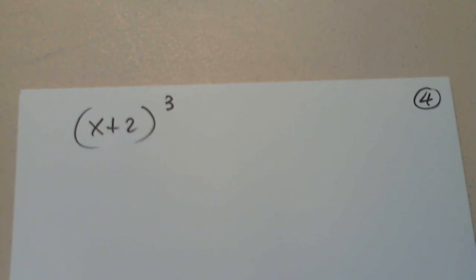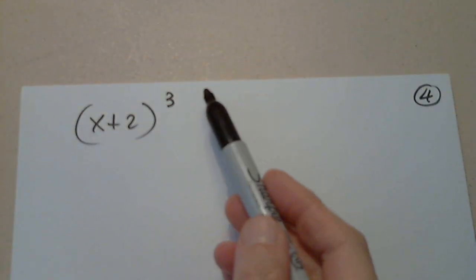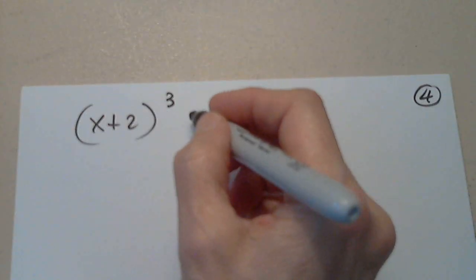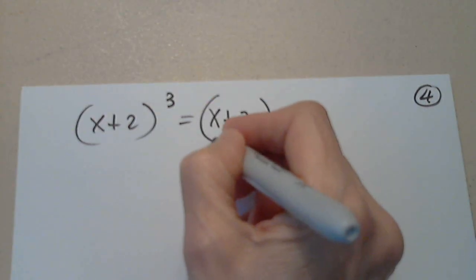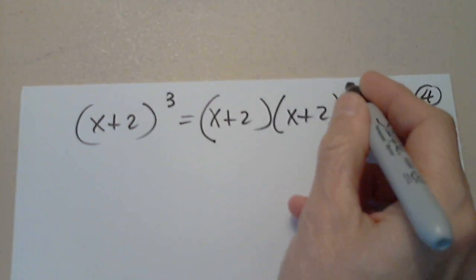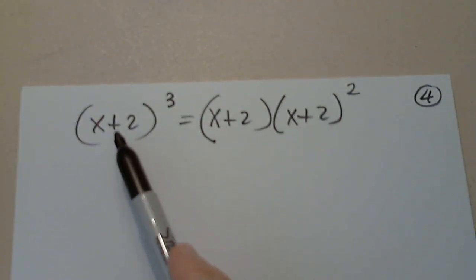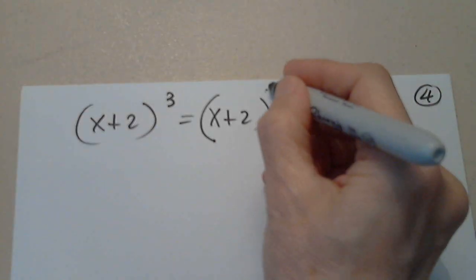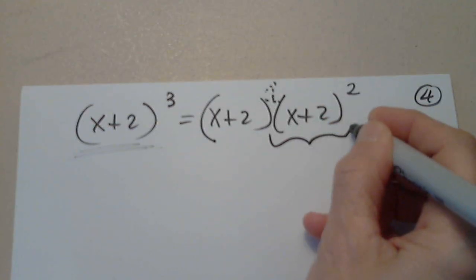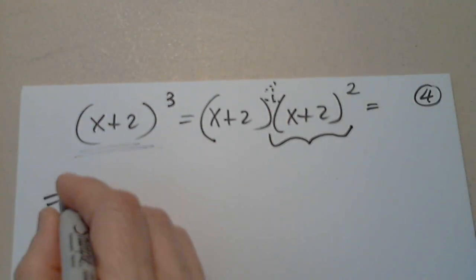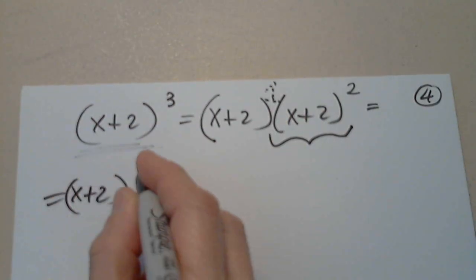Let's see how we determine this. We only know x plus 2 squared, but I know what x plus 2 means. To the third means x plus 2 times x plus 2 squared. Copy the base and add the exponents. 2 plus 1 is 3. Because I don't know this special product, but I know this one. So I keep the x plus 2 alone in front.